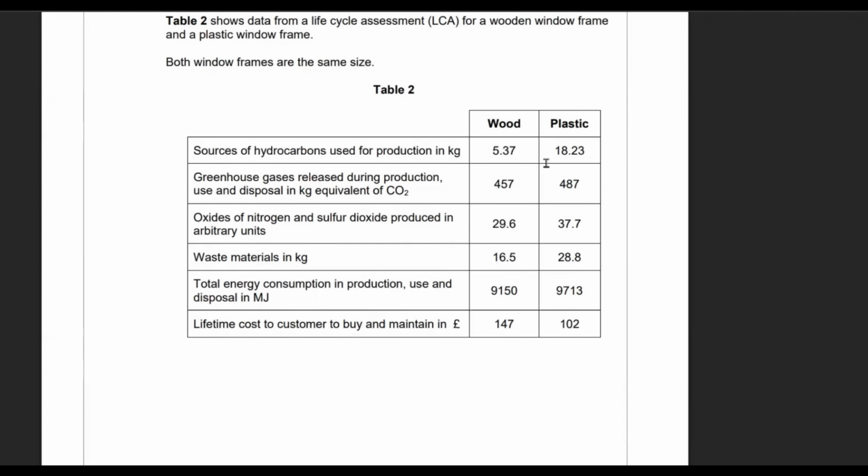All right, guys, I'm going to go through the answer. So hopefully you had a go with a pen and scrap paper. Well, let's go through. Sources of hydrocarbons used for production in kilograms. So this used 5.37.